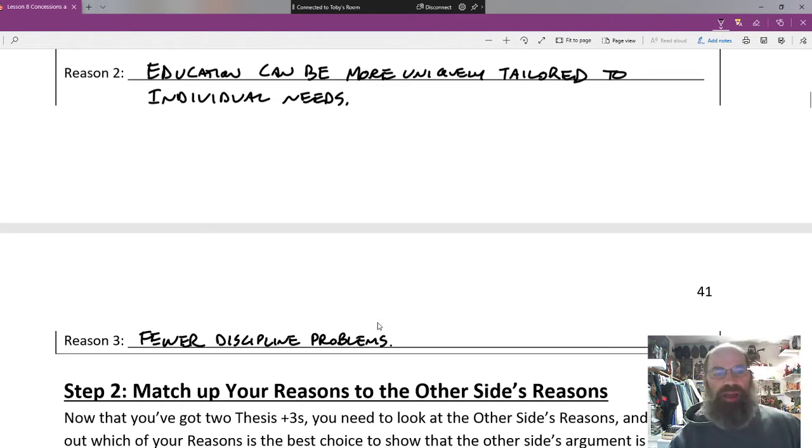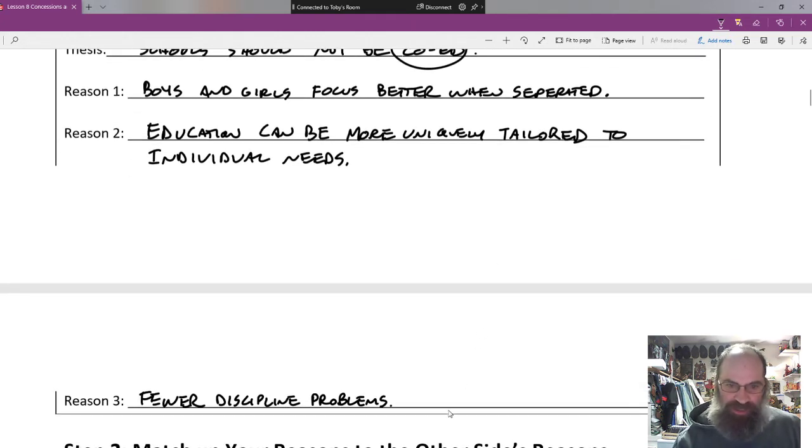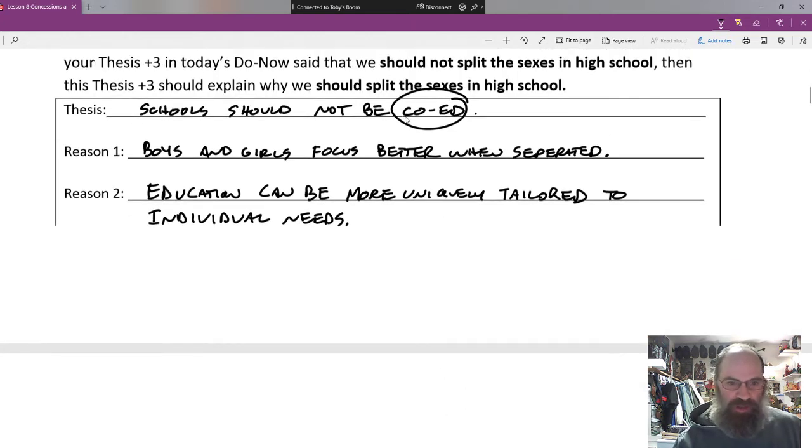All right, so again, my line of reasoning, these are likely outcomes. So if you're doing that second question on what are the author's lines of reasoning, the line of reasoning is these are outcomes of schools not being co-ed.